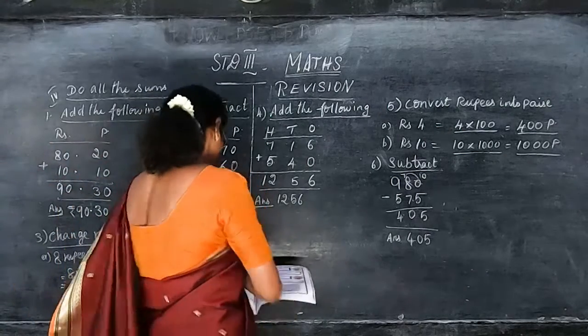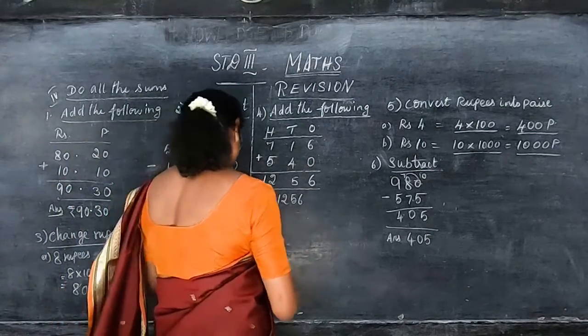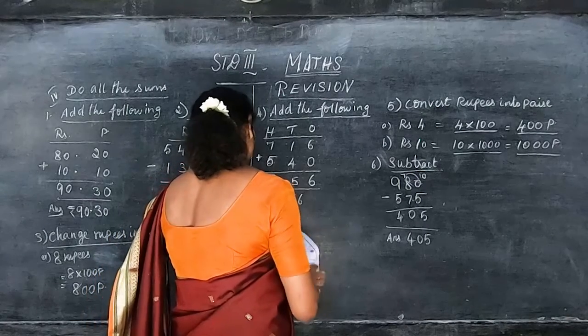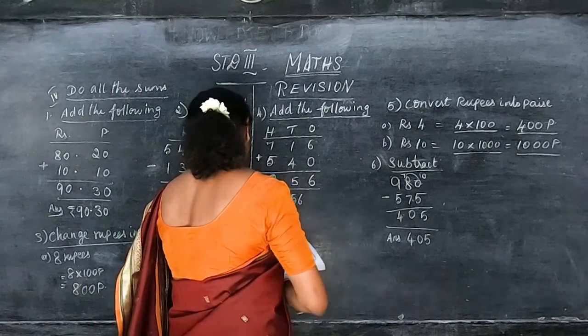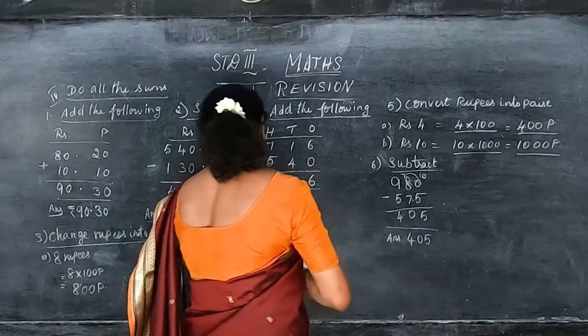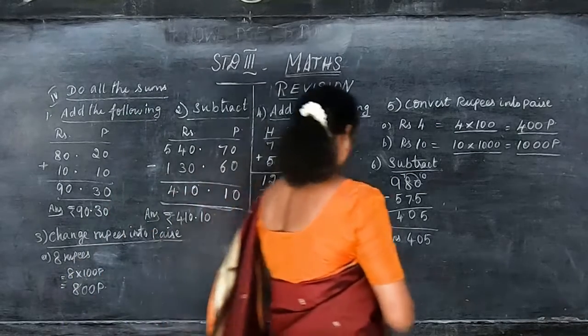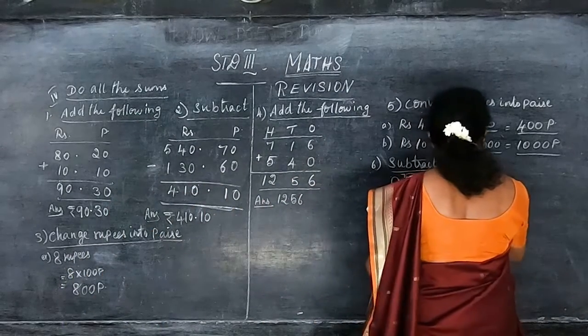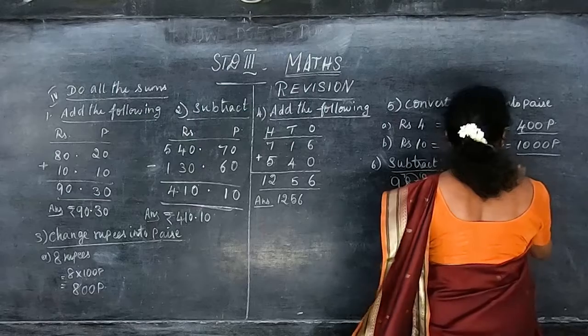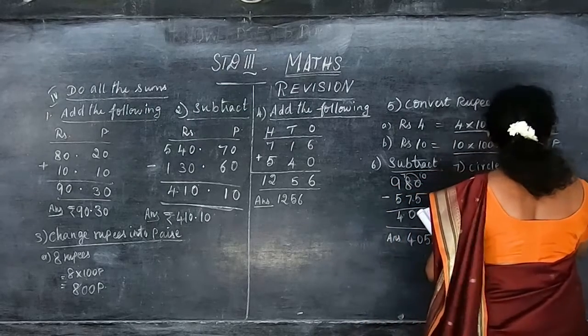Okay, children, and now the next sum is circle the smallest unit.